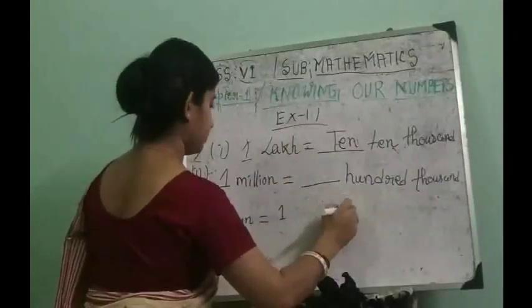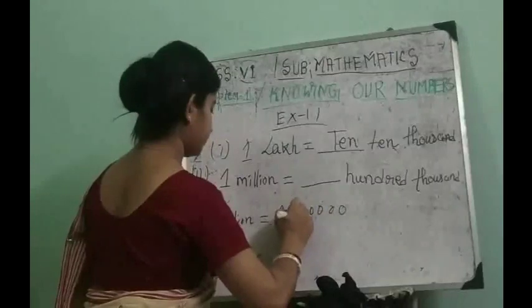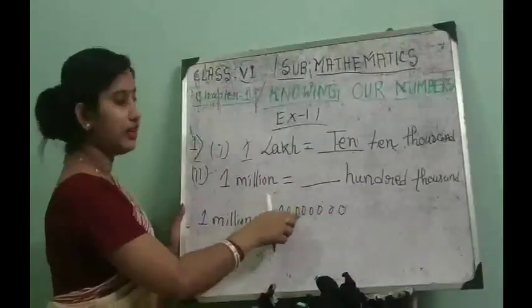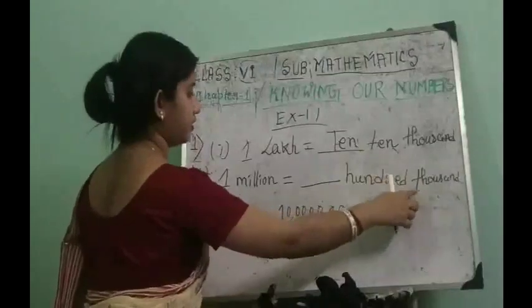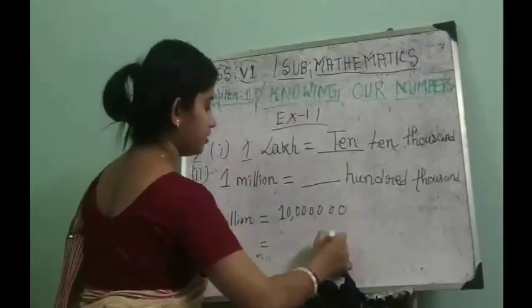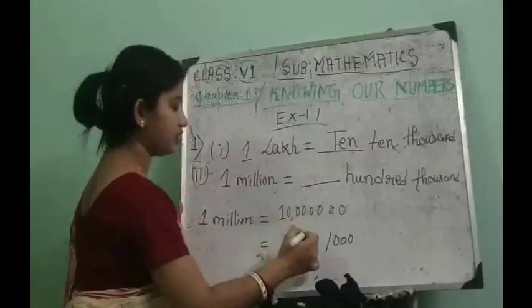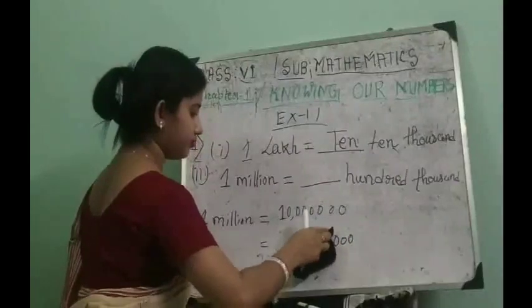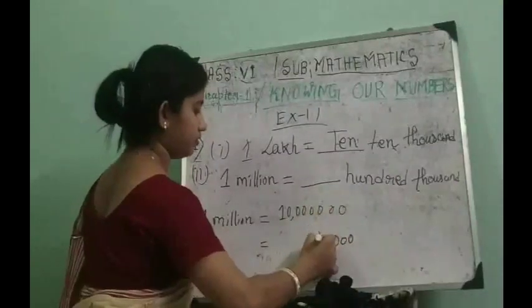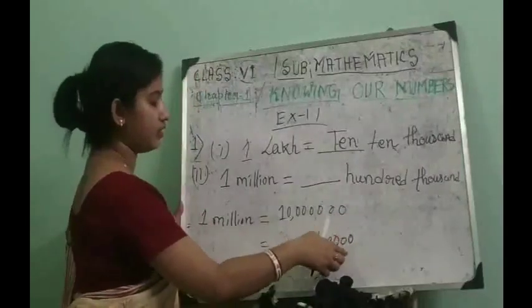So this is 10 lakhs. Now 100,000 means this is 100,000.